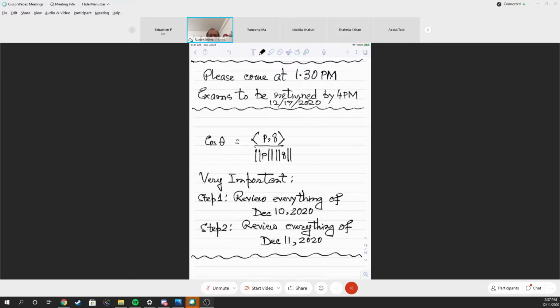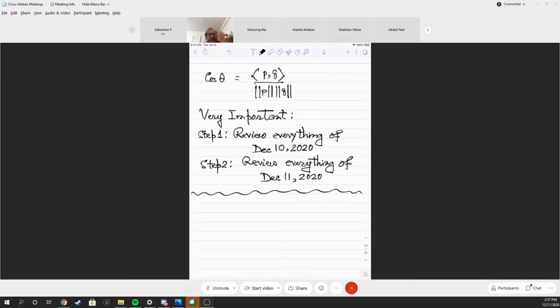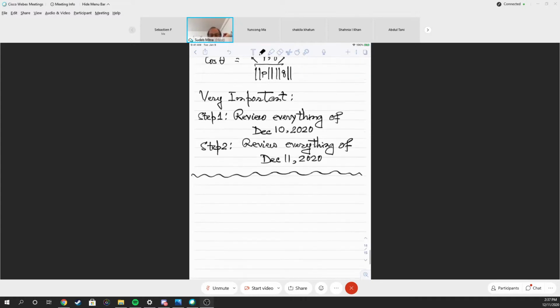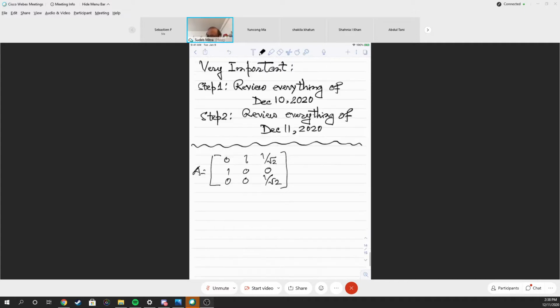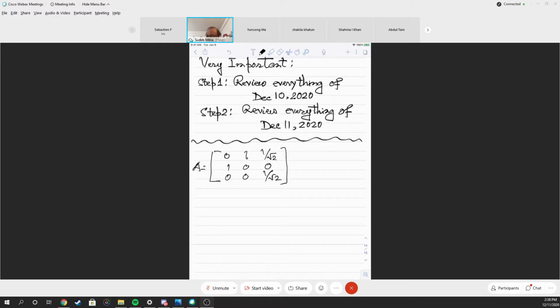Say for example, if I say this: 0, 1, 1 upon root 2, 1, 0, 0, 0, 0, 1 upon root 2. Determine whether the matrix is orthogonal. Instead of going for the inverse, you write down the transpose.